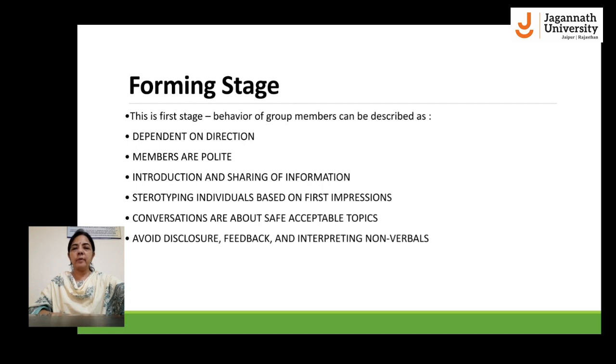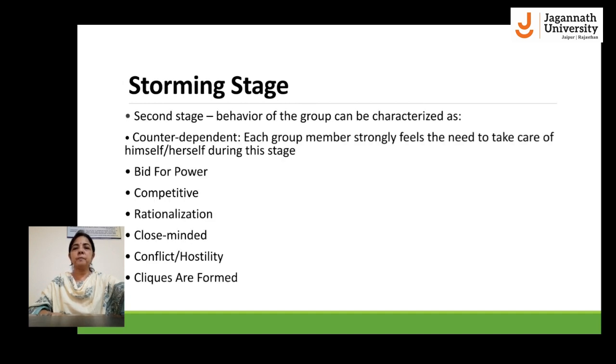Members are generally polite with each other because they are in the introduction phase and they share information about each other, and during this process the perception about first impressions is also framed. Conversations are generally about safe and acceptable topics. The members avoid any kind of disclosure, feedback, and interpreting non-verbal communication.